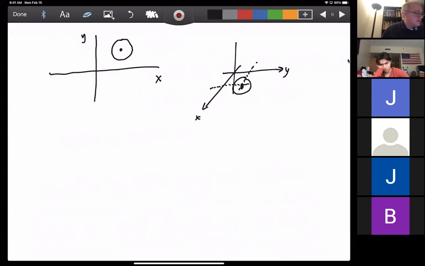Notice if I take my axes here and rotate to line them up with the XY axes in my 3-dimensional coordinate system, if I now add the fact that Z can be whatever for a pair of XY coordinates that lives on the circle, essentially what I have now is a line perpendicular to the plane that passes through every point on the circle. And if I put those all together, and I'm only drawing a finite part of it here, right? This really continues in the positive and negative Z directions forever. That's giving me a cylinder.